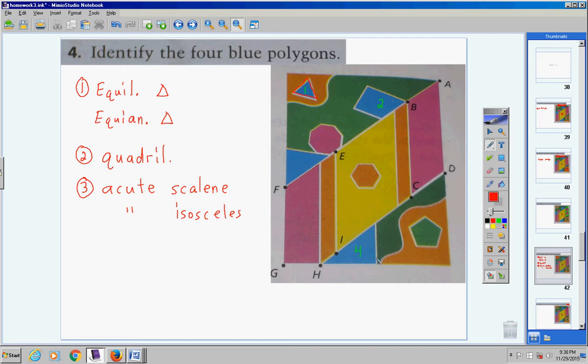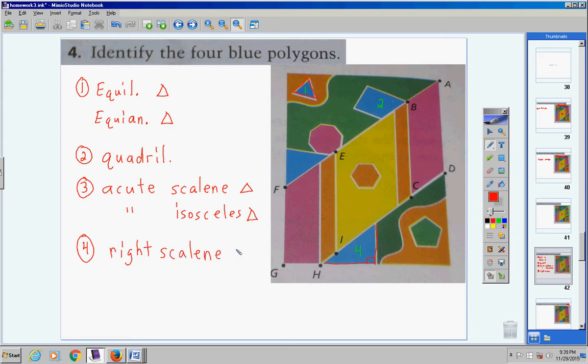Now we have a right triangle, and this side here looks a little longer than this side here. So I'm personally going to go with the right scalene triangle. And I really think I should have put a triangle here, guys. It's my fault. I really think that's correct.